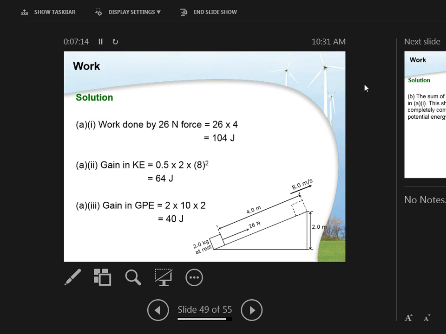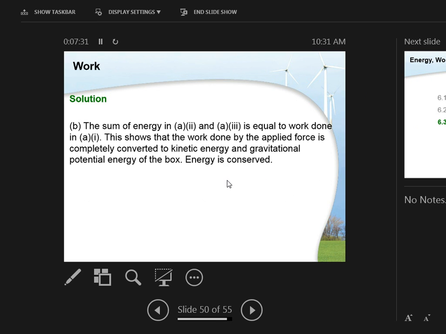First, converted to kinetic energy. As shown, finally it had kinetic energy of 64 joules. And it is also converted to gravitational potential energy of 40 joules when it reached the top. Okay? So that's why we have our energy that is conserved.